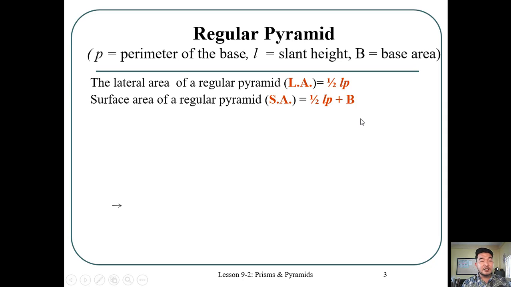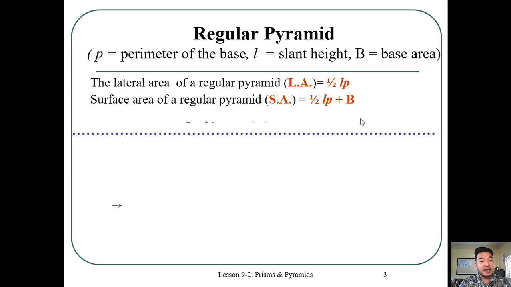When we say surface area, it covers all the surfaces of the pyramid. In the lateral area, it is only the sides, the base is not included. Okay, so that's the difference of SA and LA. SA includes the area of the base, while for LA, or the lateral area, the area of the base is not included.